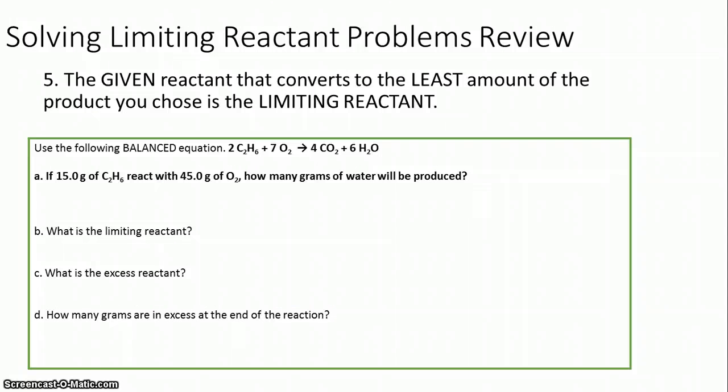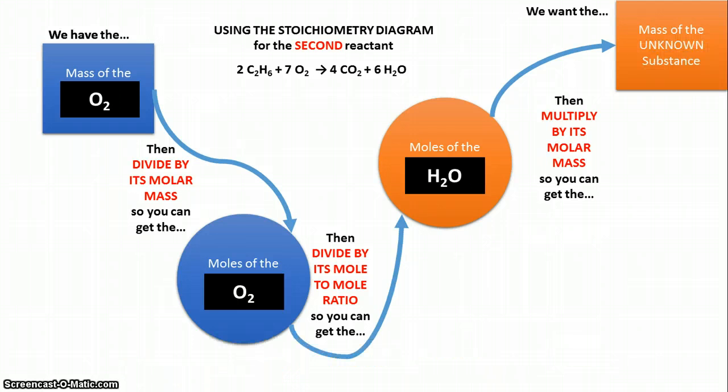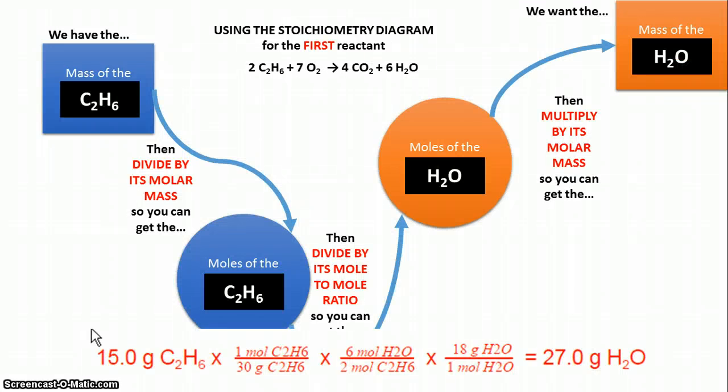Alright, so step 5 is the given reactant that converts to the least amount of the product you chose is the limiting reactant. So in the last slide, we had 21.7 grams of water made by burning all of the oxygen, all 45 grams. And then for when we burned all 15 grams of C2H6, that made 27 grams of water.